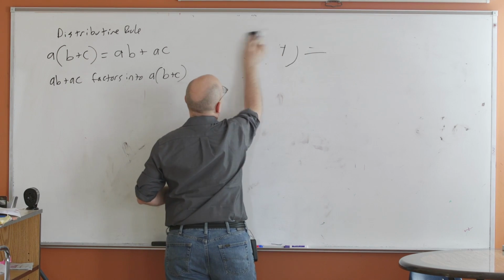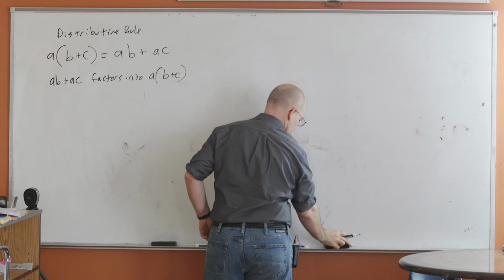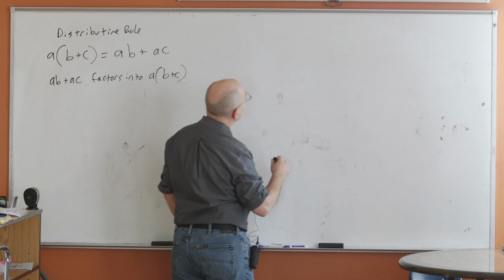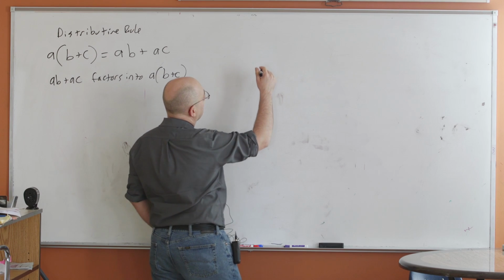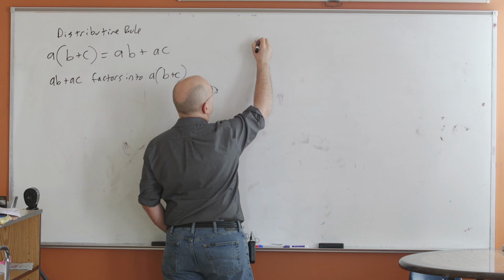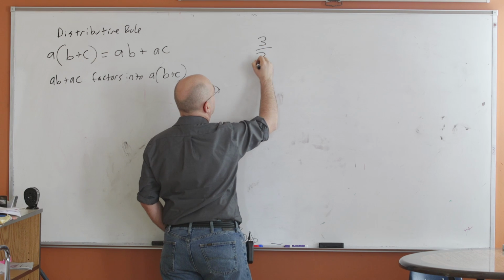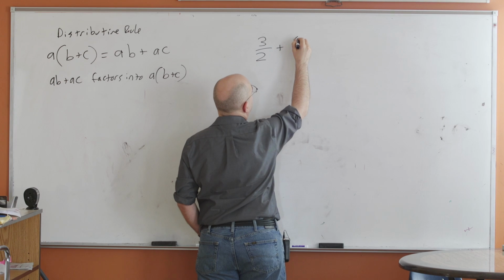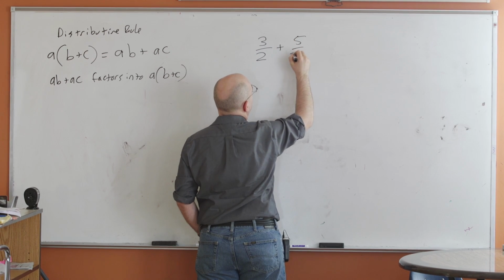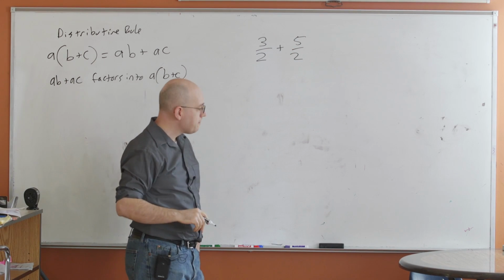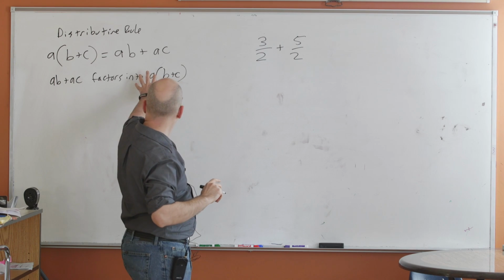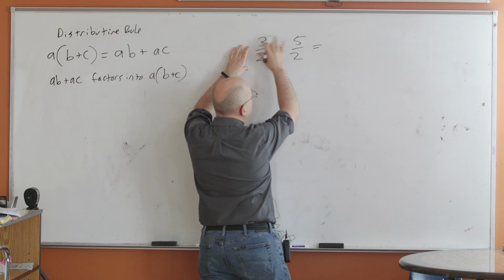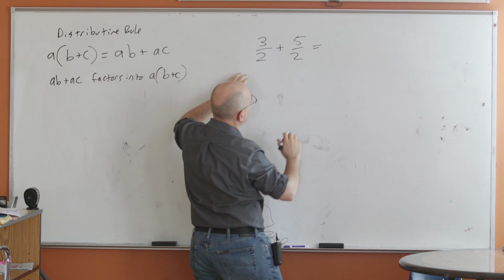But in terms of the distributive rule and factoring, if I wanted to add up 3 halves plus 5 halves, for example, the distributive rule is one way of understanding just adding the numerators here.